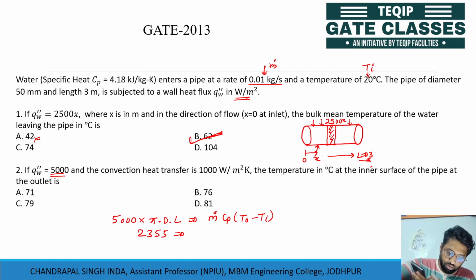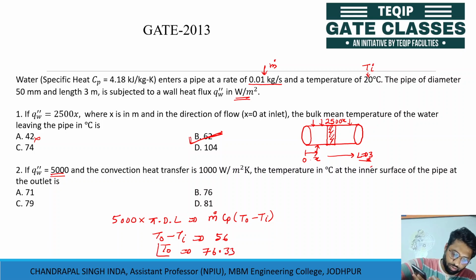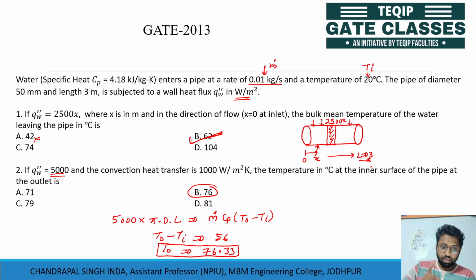So here delta T, the temperature difference T outlet minus T inlet, is equal to 56, and T outlet will be 76.33. That is the outlet temperature of the water, and this is given in option B. But option B is not correct, as the question has asked for the temperature of the inner surface of the pipe, not the outlet temperature of the water.